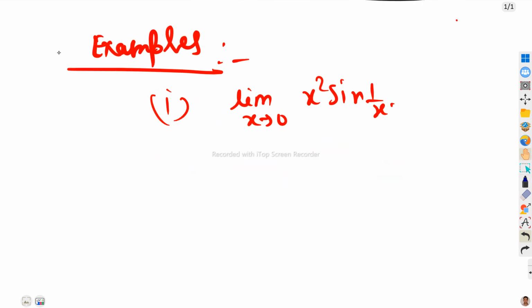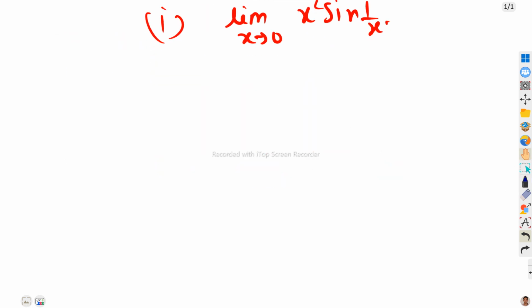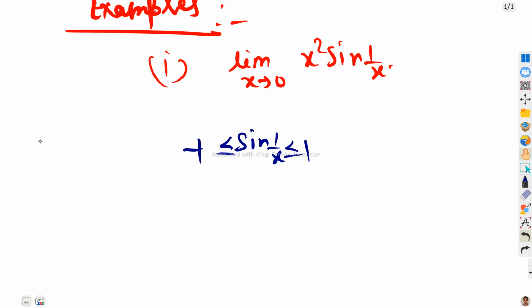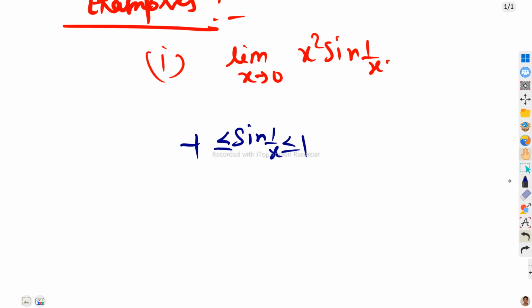We know that sine of 1 upon x lies between minus 1 and 1. This implies that minus x squared is less than or equal to x squared sine of 1 upon x, and this is less than or equal to x squared. Why?